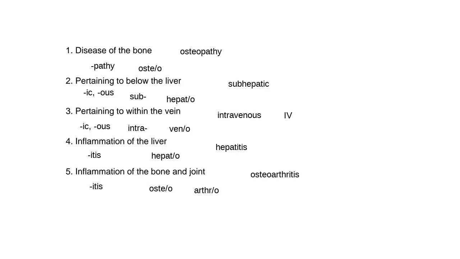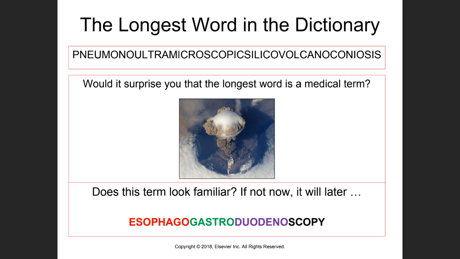All right, so let's go back to that long word that we talked about before. And let's see if you remember. Now we're going to analyze it. So we have pneumonoultramicroscopicsilicovolcanoconiosis.